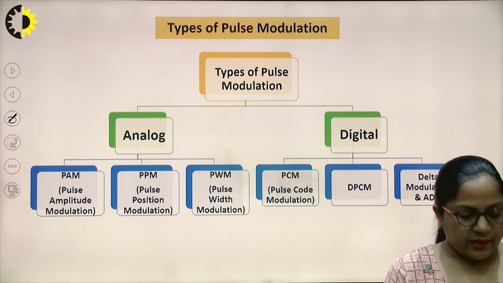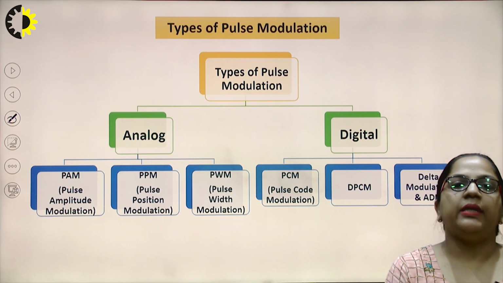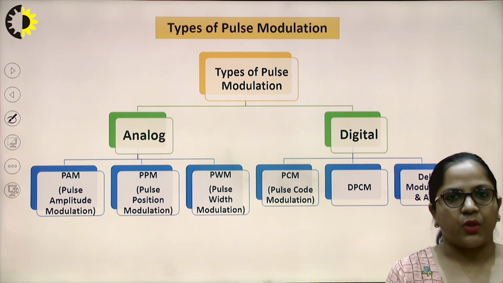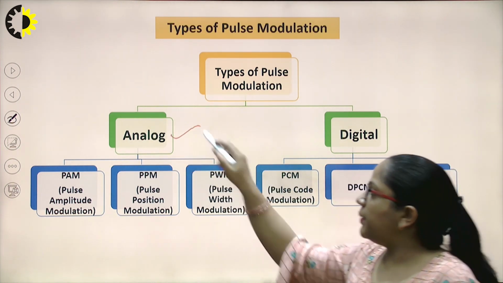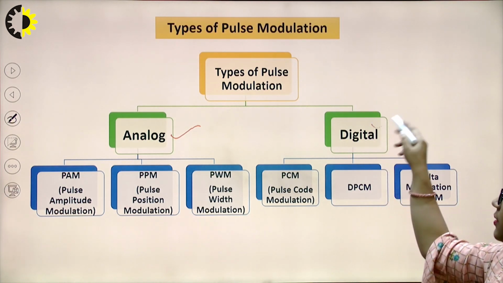Now, after understanding the concept of sampling, we can discuss the types of pulse modulation. Pulse modulation can be categorized as analog pulse modulation and digital pulse modulation.